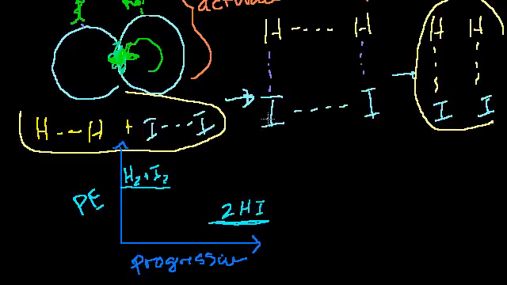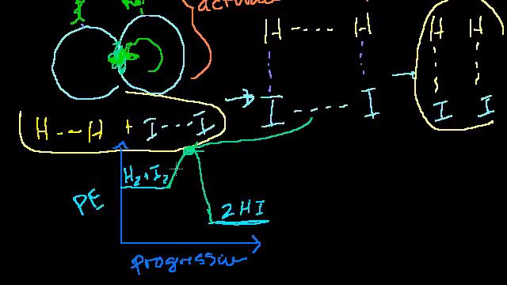Right? But to get here, we have to enter this higher activation energy, where the electrons have to have some energy to kind of be able to at least figure out what they want to do with their lives. And so you have to add energy to the system. You don't always have to add it, but if it doesn't happen spontaneously, you're going to have to add some energy to the system to get to this activated state.